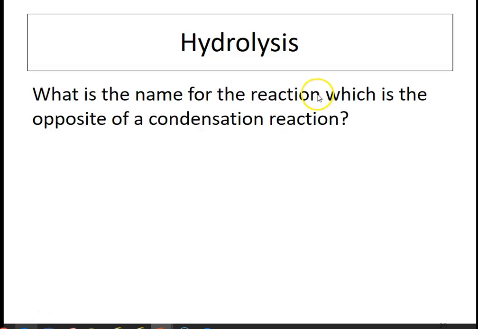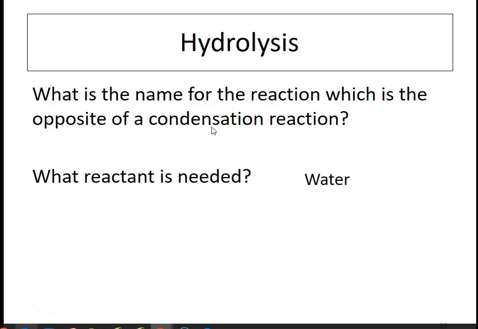Hydrolysis. What is the name for the reaction which is the opposite of a condensation? So it's hydrolysis. Hydro means water, lysis means breaking. So with making an ester, you produced water. If you want to break up an ester, you use water.